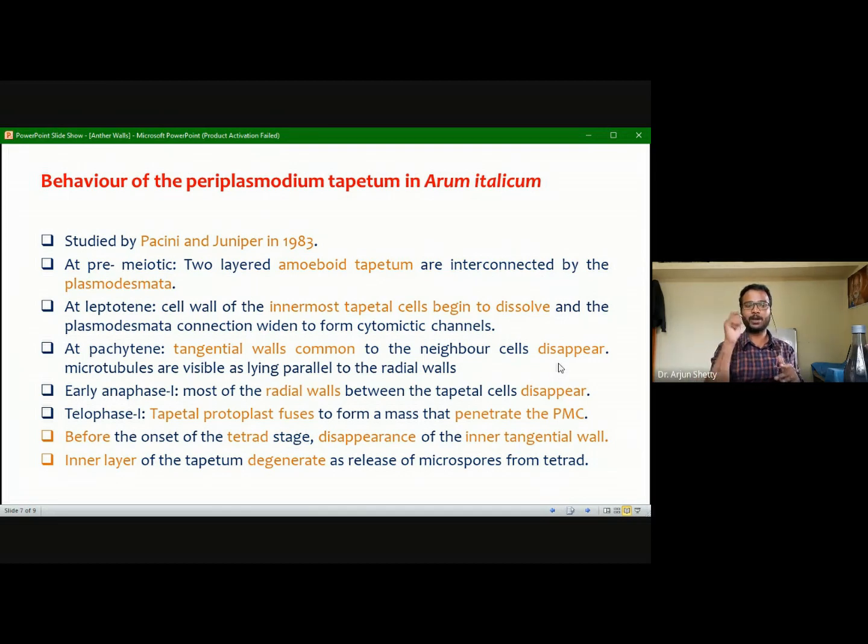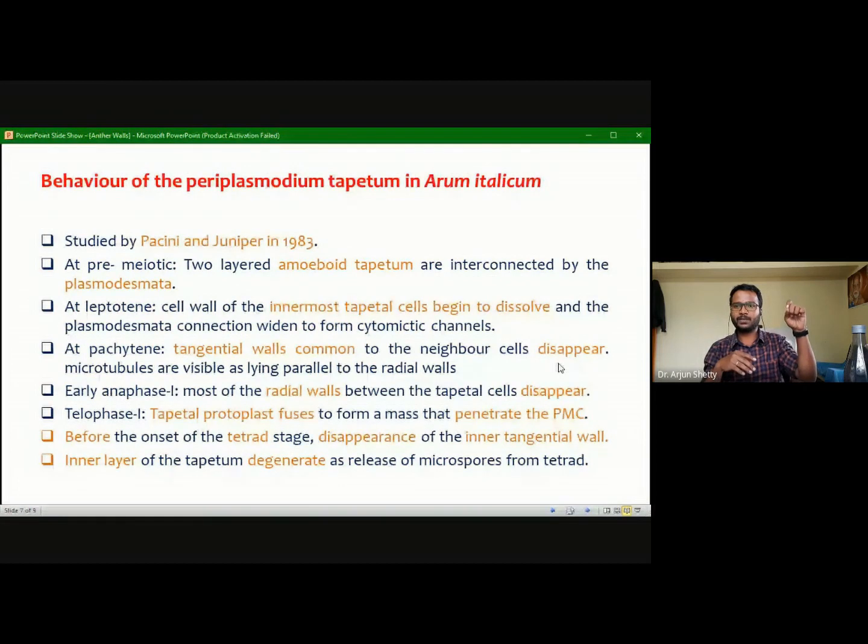And during the pre-meiotic stage, as I already told you, we are going to see vesicle formation and dictyosome formation occur in the tapetum. So here the two-layered tapetum is going to be interconnected by the plasmodesmata, and it is going to become a periplasmodium. That's the characteristic of the amoeboid or periplasmodial type of tapetum.